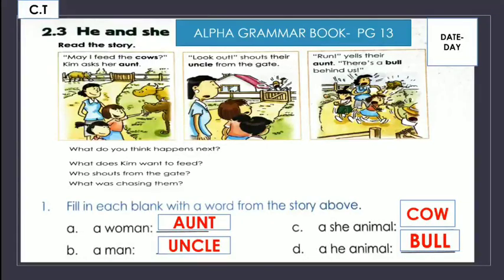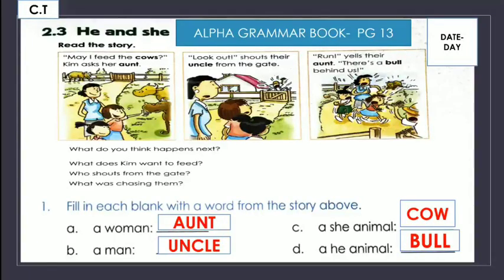So, he is used with a male boy or a male animal. Cow is a female, so we say that it's a feminine gender. And what about she? She is used with female. That is feminine gender. So she is a feminine gender.